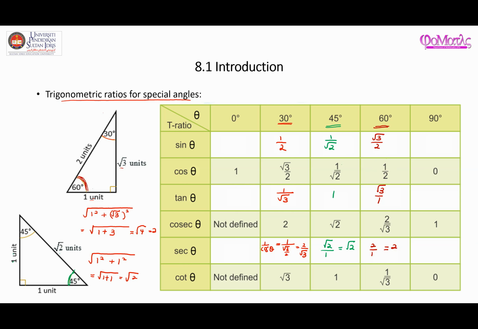Alright, so the next one, we will be looking at the angles of 0 degrees and 90 degrees. For this one, I'm going to introduce what is called the unit circle. Let's say this is the y-axis, and this is the x-axis. The unit circle is basically a circle with radius 1.